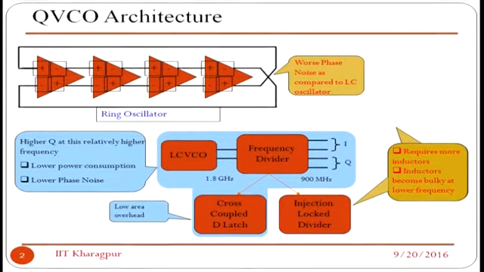Then you can handle the further processing of your signals in a better way, because you can get both in-phase and quad-phase components much more easily with a divider, and you can make use of that for accurate prediction of the phase and the frequency. So what I say is that essentially the LC-VCO does not come alone. Say, for example, you are doing it for 1.8 gigahertz, then you have a frequency divider.